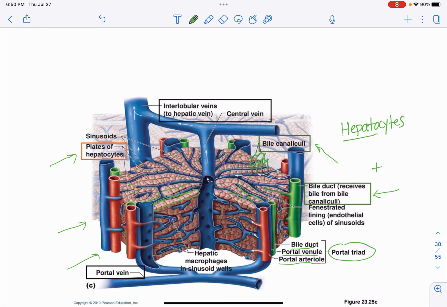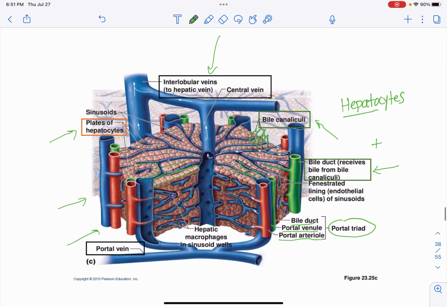So all along the liver lobule, these hepatocytes are making bile. Bile is going to dump into the canaliculi. It's going to dump into the bile duct, and then all of the bile ducts are going to merge together, and they're going to send bile to the gallbladder. Now again, I'm going to come back to these arteries and veins in a minute. I just want to get through this idea of the bile production.